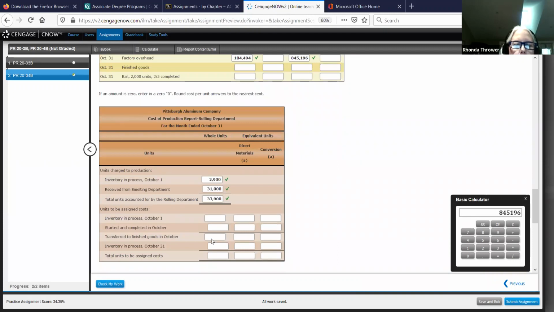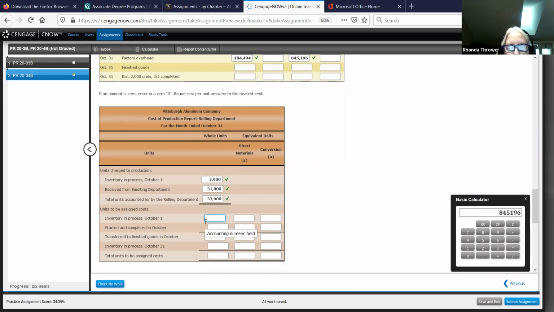Then the total units accounted for by the rolling department are 33,900. And then we're going to finish up our whole units and we're going to reconcile it with this amount.